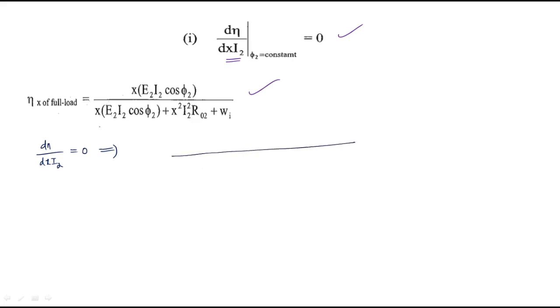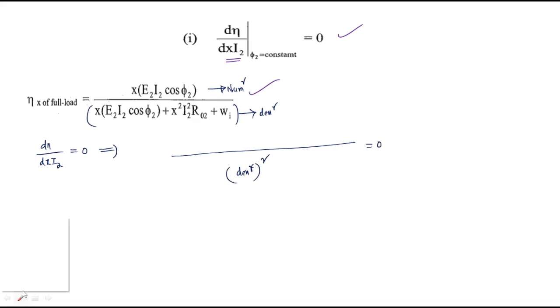this total term is the denominator, and this is the numerator. We all know the denominator whole square should be equal to 0.